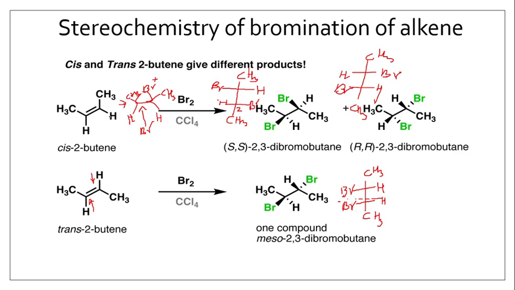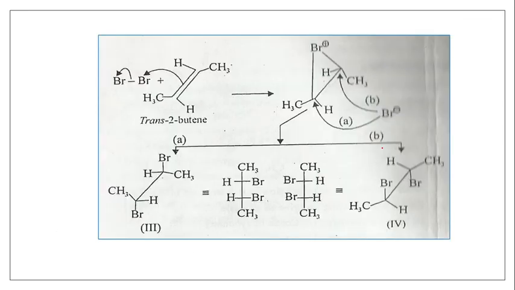So cis and trans are diastereoisomers of each other. These are also diastereoisomers of each other. These two and this one are diastereoisomers of each other, which are not mirror images. So this bromination of alkenes is a diastereospecific reaction. The stereochemistry of the reactant decides the stereochemistry of the product, and hence bromination is a diastereospecific reaction.